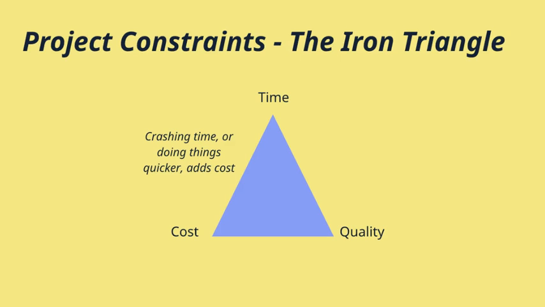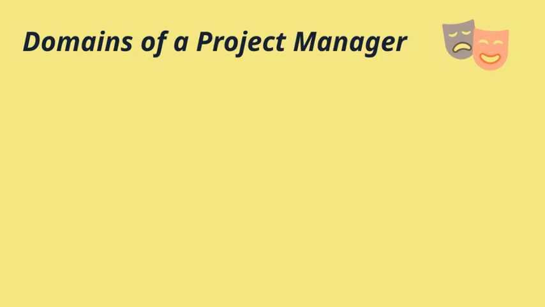If you think about time and quality, generally a higher standard of work will take more time. And then cost and quality. So generally a better quality will cost a project more. So if you think about project priorities, generally a project will care more about 1 or 2 of these items than the other.